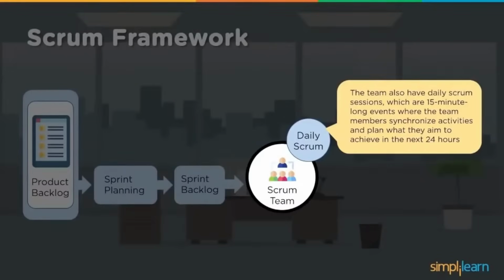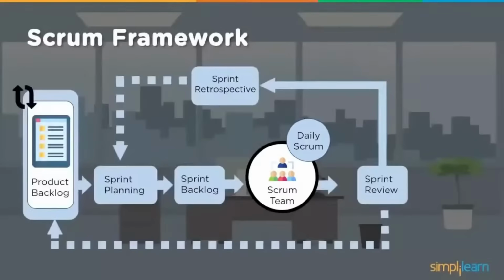If any further discussions are needed for correction of those, that can be taken as a separate meeting, not as part of the daily scrum. So generally the daily scrum meeting would be 15 minutes. It should not go more than that. It's an indicative time, so quicker updates to understand what is happening.